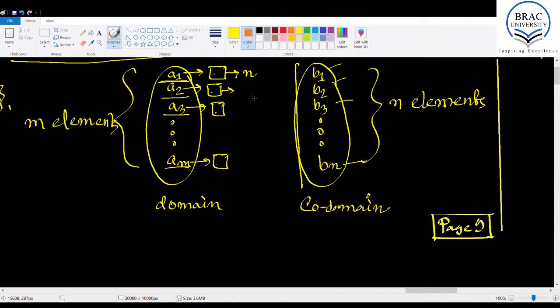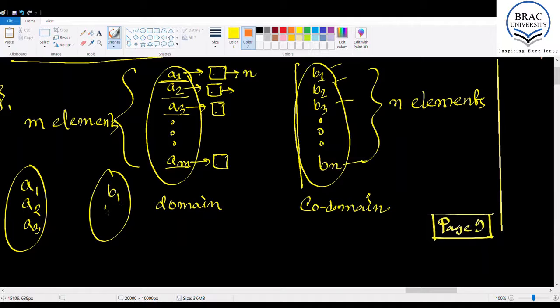No, because as we can remember, in a function, if a1, a2, a3 are the elements of the domain, then all of them can have the same image. The function will not be an injective function then, but it will still follow the rule of being a function.